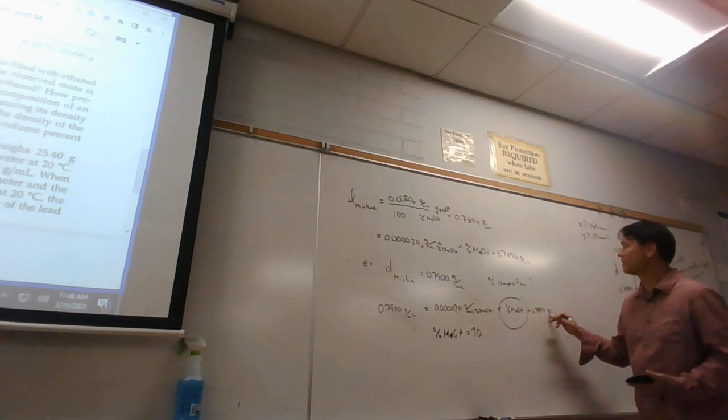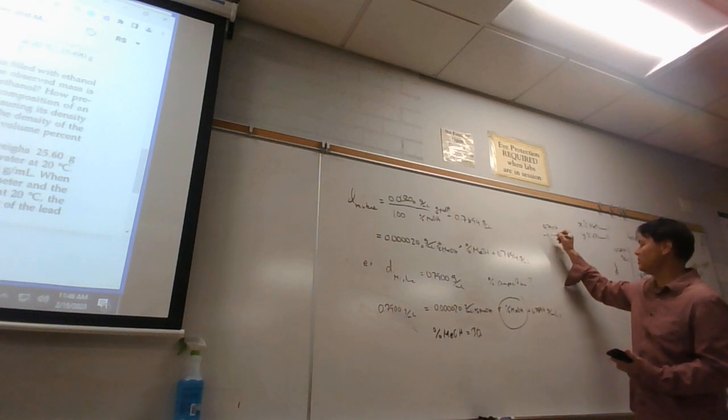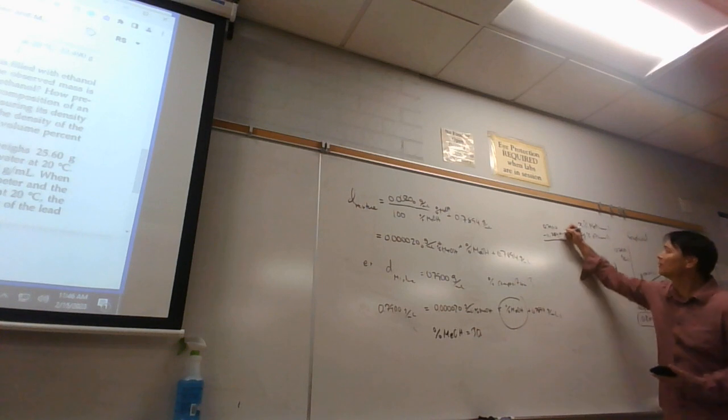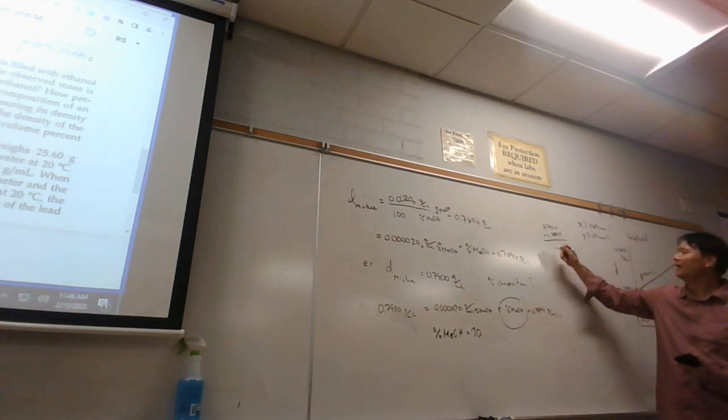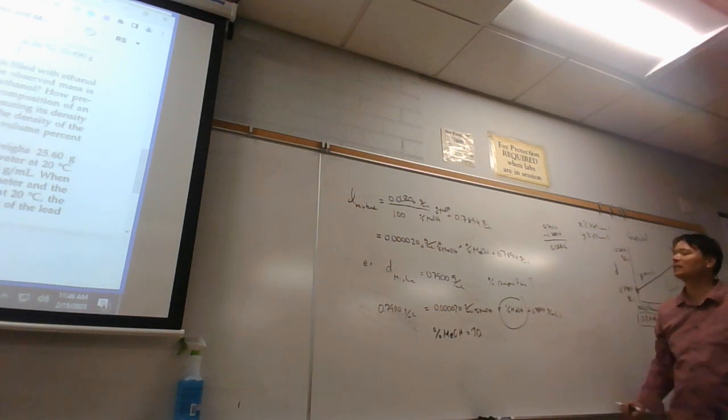The first step was 0.7900 minus 0.7894. This is going to give me 0.0006.